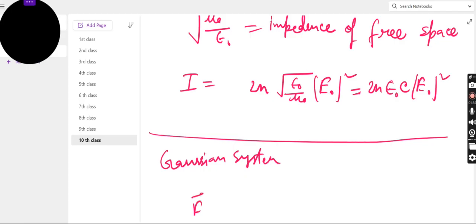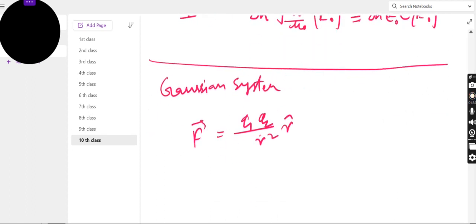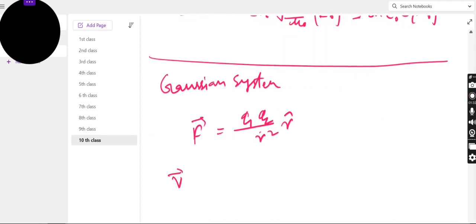In that system, force is basically Q1 Q2 by R square R cap. And the equations get changed. Del dot D is 4 pi rho. Del dot B is 0.